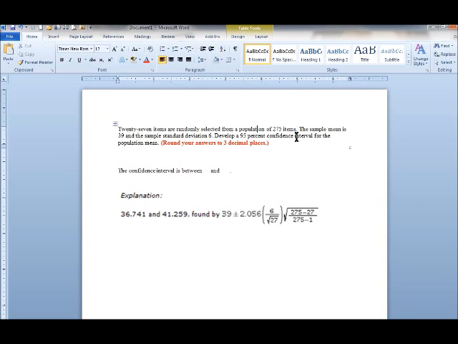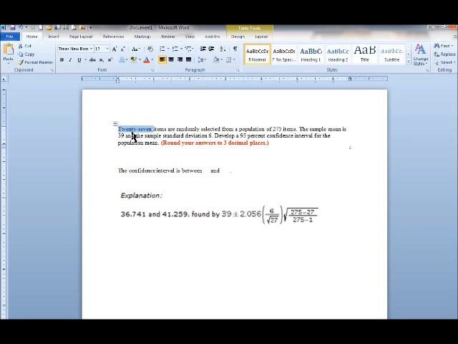Now the first thing we want to do as we go through this is label, label, label. We know we're going to have to do some number crunching, so we want to put the variable name with these numbers to help us organize, okay?